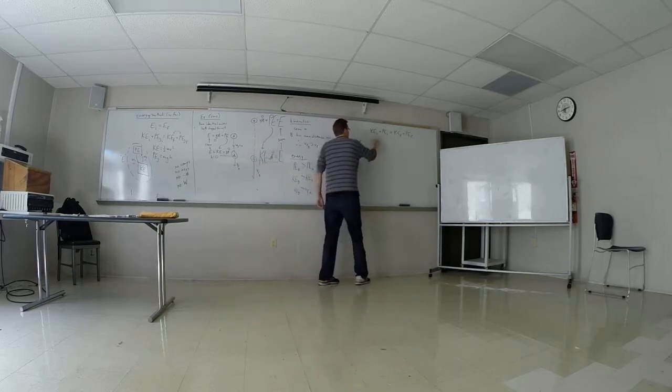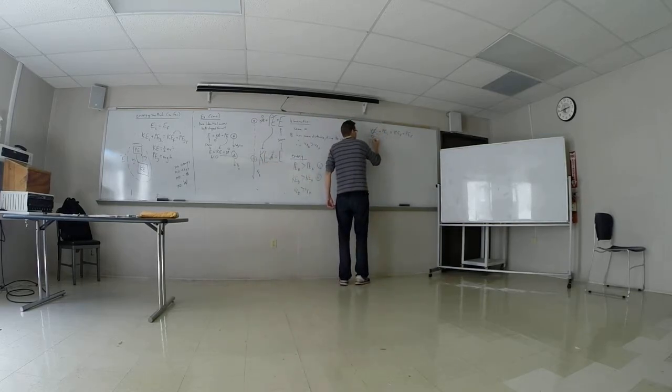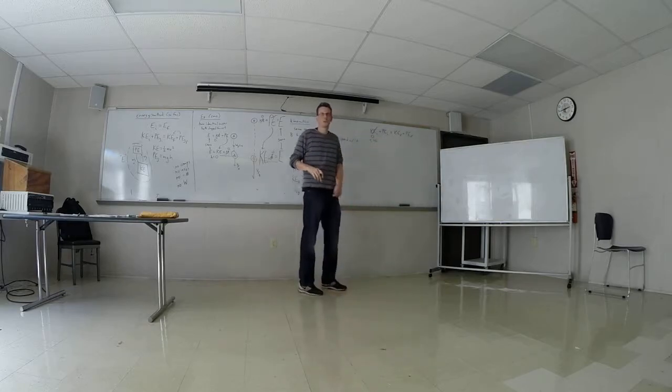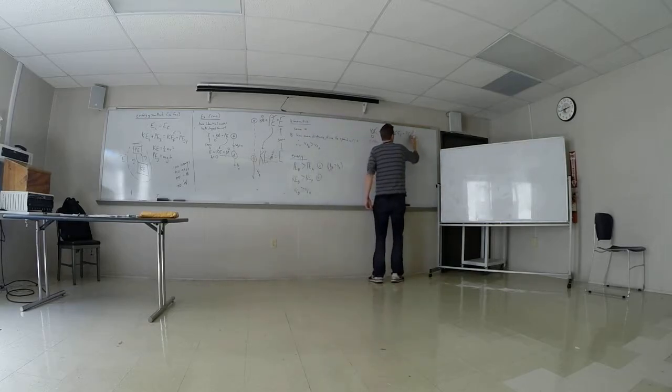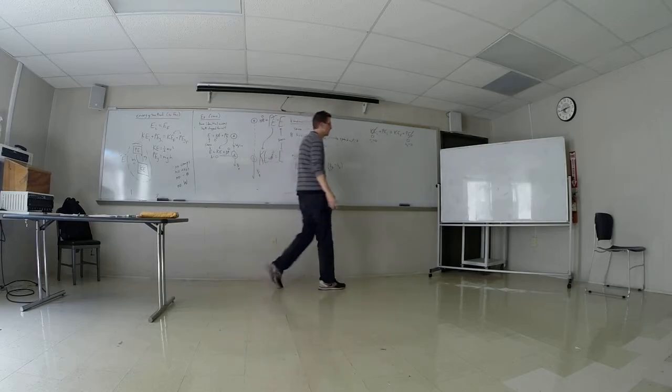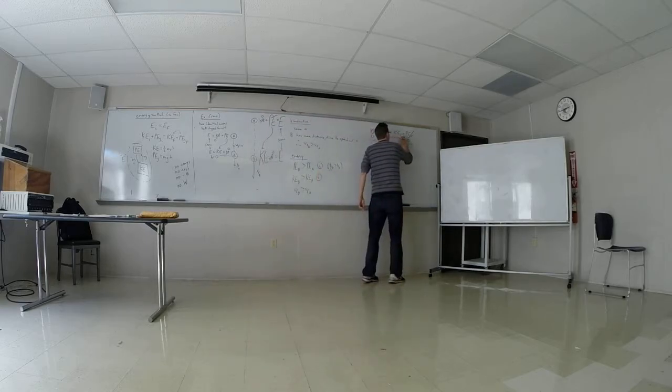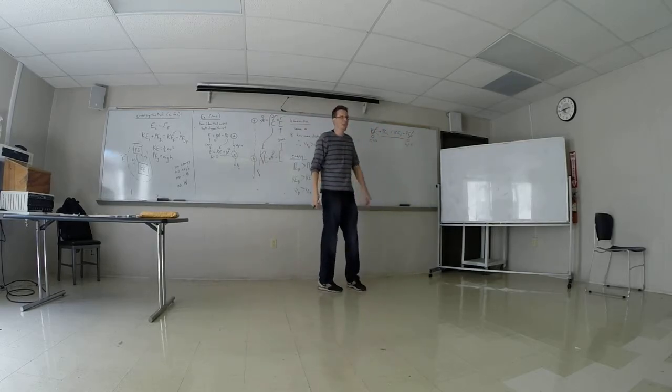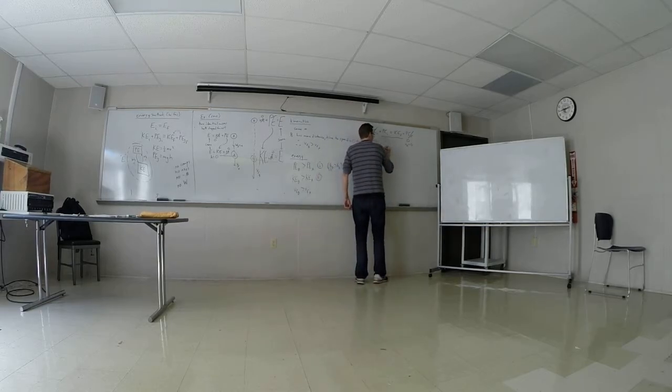We said that the initial KE was 0 because we dropped it from rest. It has no kinetic energy to start with. We said that the final PE is 0 because we set the final height to be 0. So what we basically have is that the energy that used to be potential at the beginning becomes kinetic energy at the end. We put in the formulas.